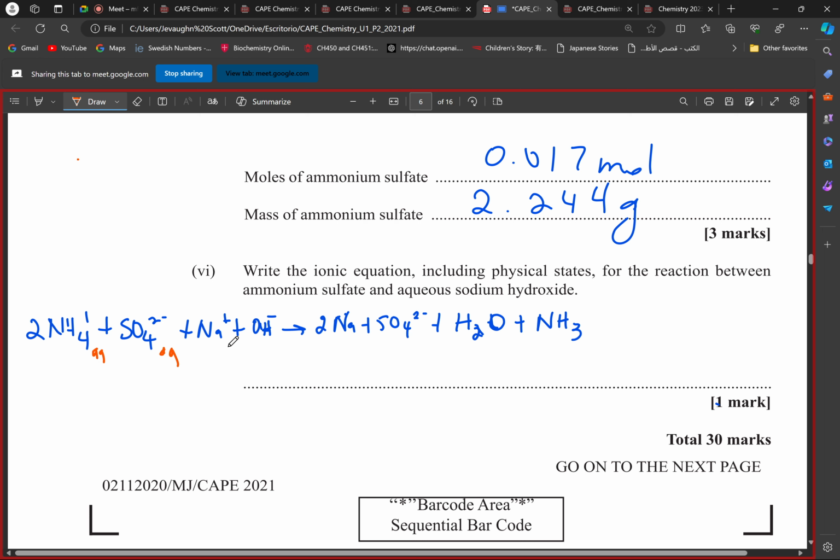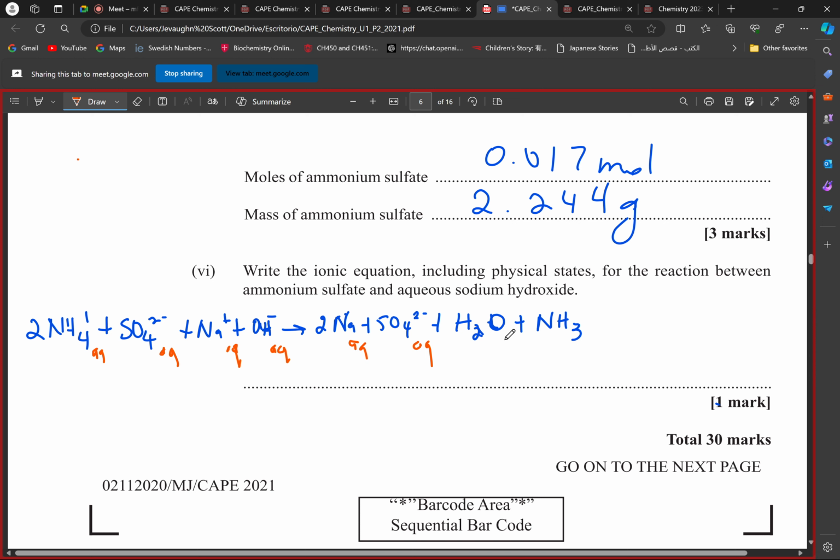What do we remove from the equation, guys? The ions that appear the same on both sides. All right, so we're going to remove the other things. Is that the idea of it?